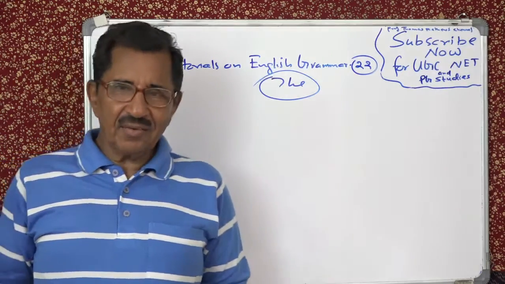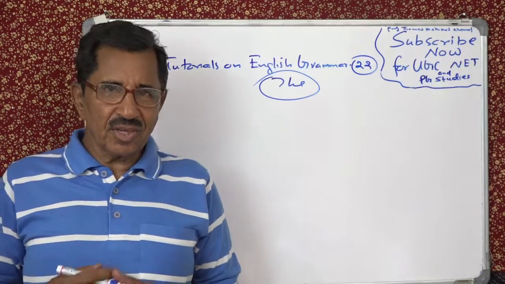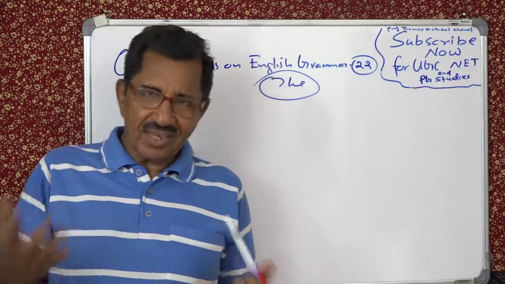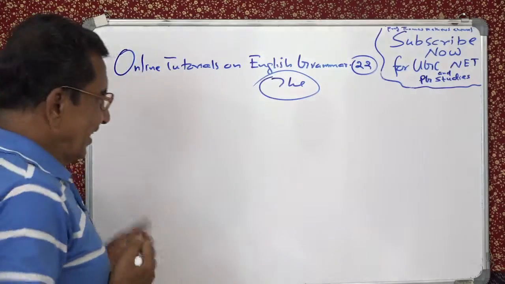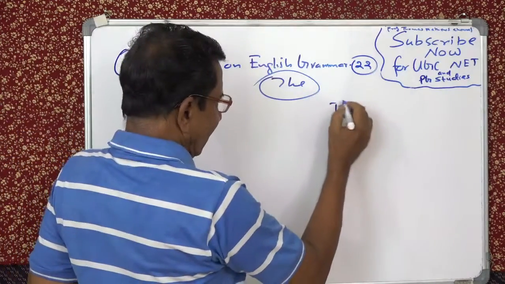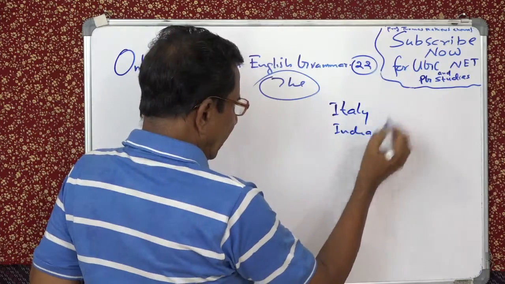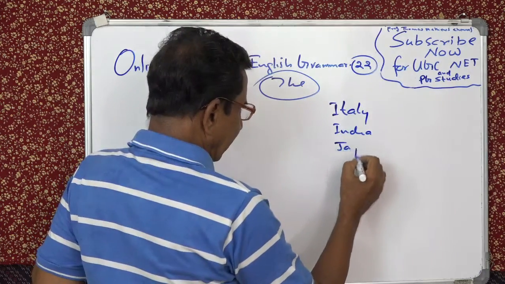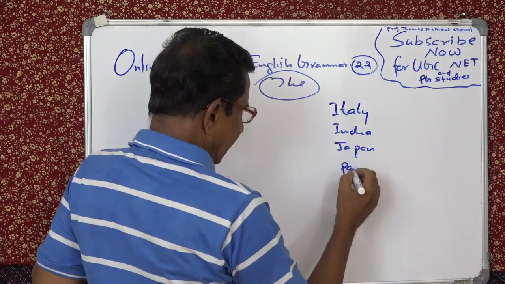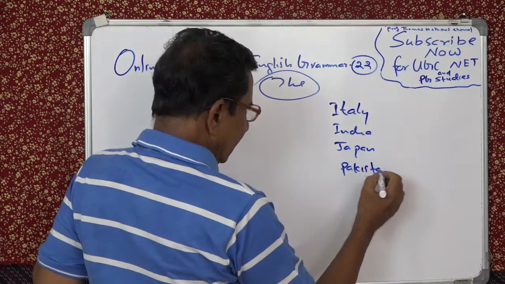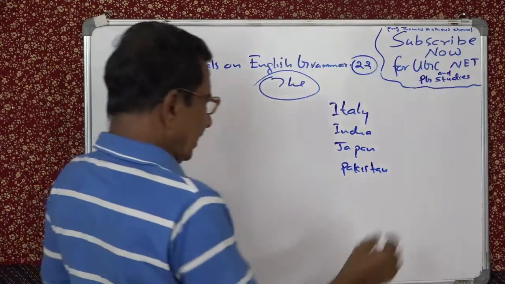Now I will write some names on the board. You should tell me what they are. Italy, India, Japan, Pakistan. What are these? Names of countries, isn't it?